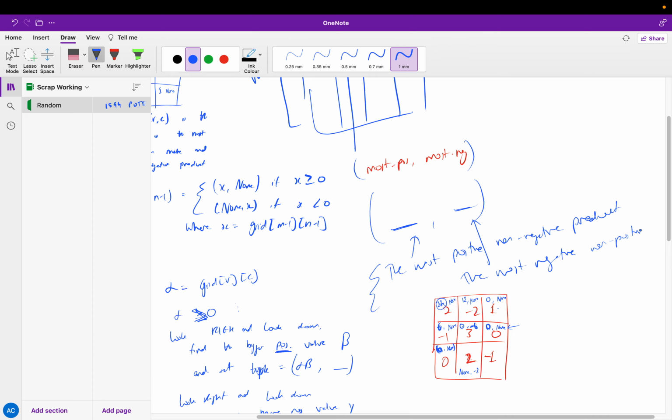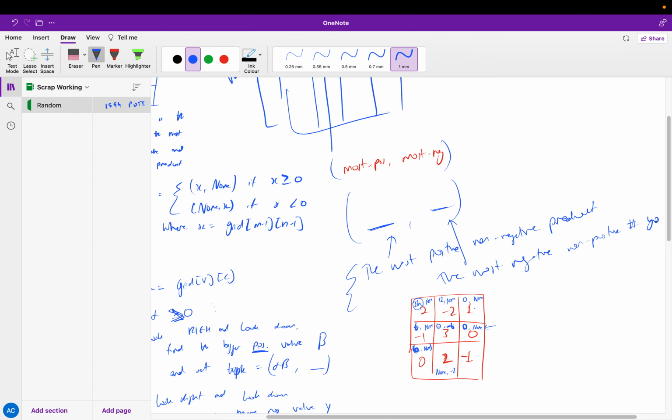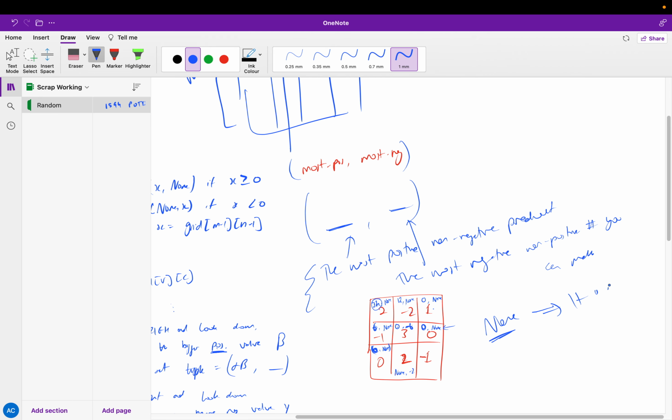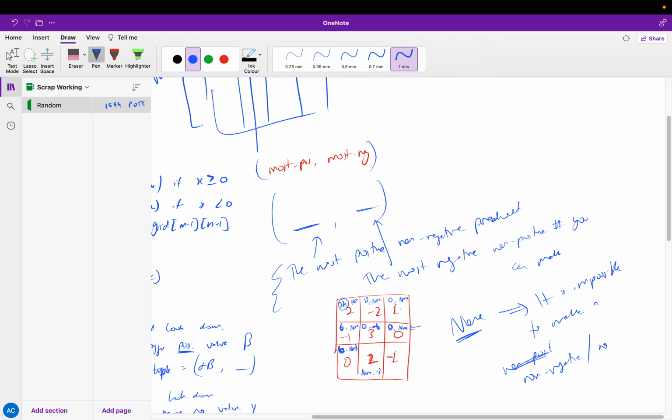And then the second part is the most negative non-positive number you can make. And then the value of none really means it is impossible to make a non-negative slash non-positive number, depending on which position you're referring to.